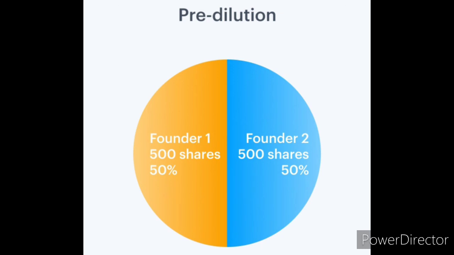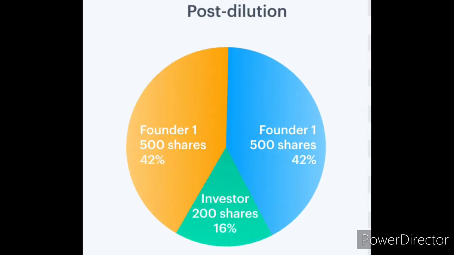Now getting into this next slide, this one shows you after the dilution happens. In this particular case, the company decided to issue out 200 more shares. So when they issued out 200 more shares, it raised the shares outstanding from 1,000 to 1,200 shares.